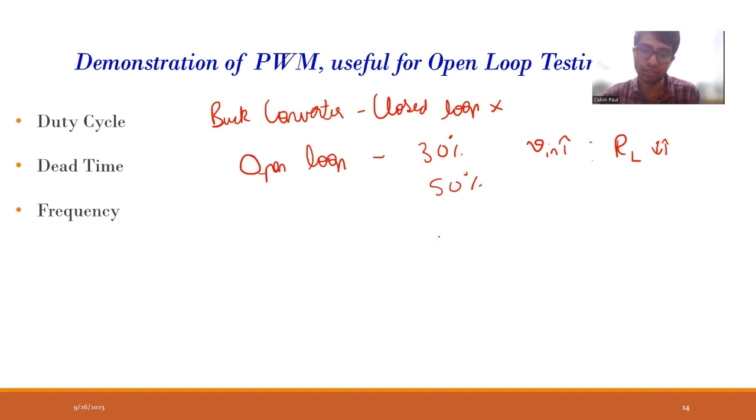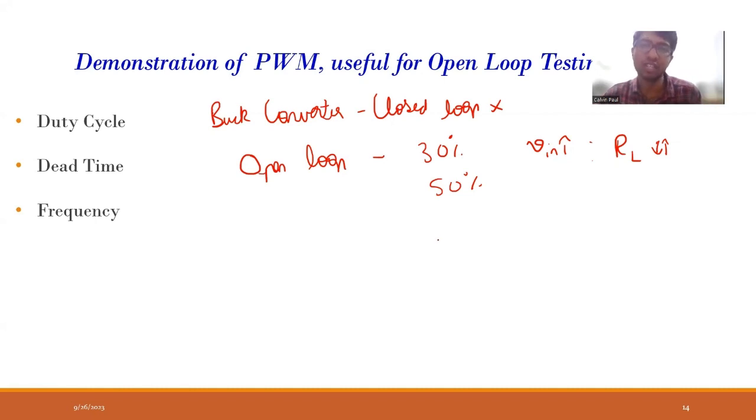You have to check whether the open loop PWM signals fed to your gate driver are turning on the MOSFETs, whether the appropriate dead time has been provided, and whether the converter is operating as it should with that particular fixed duty ratio.